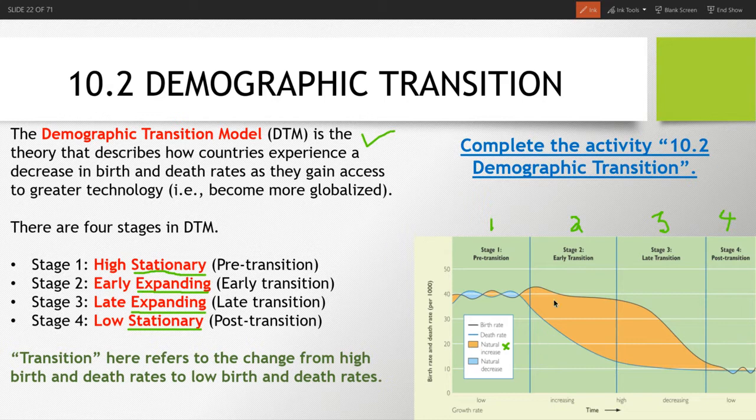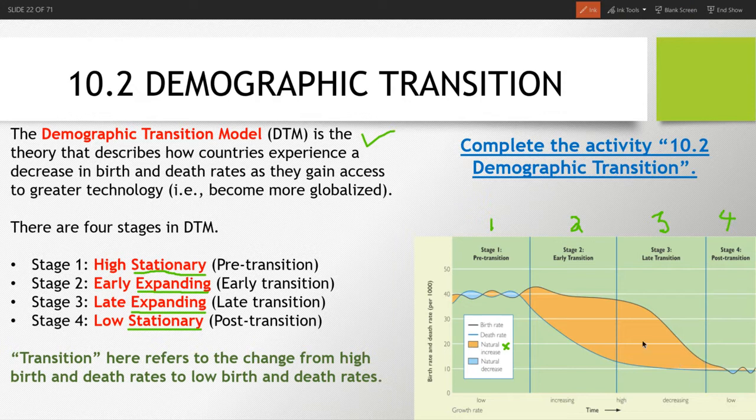So in stage 2, from what we're seeing in this graph, a country's population will increase dramatically.